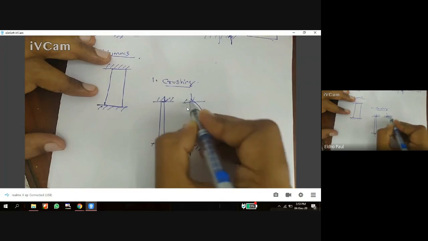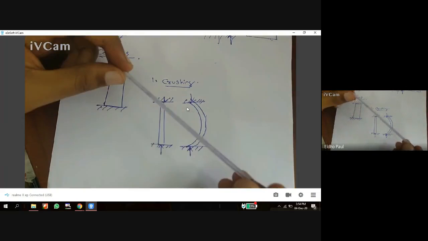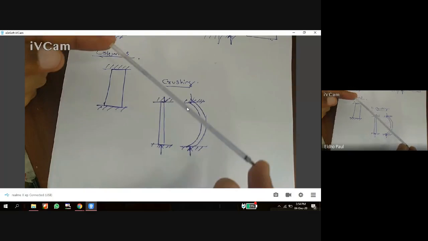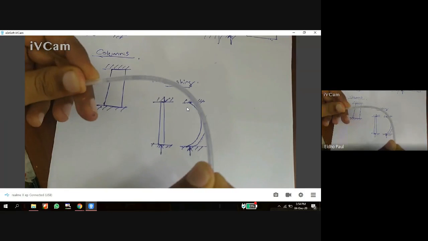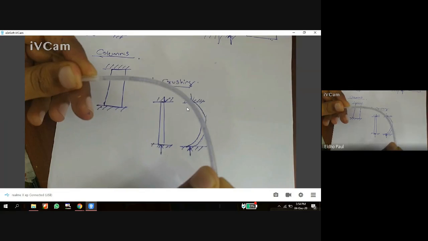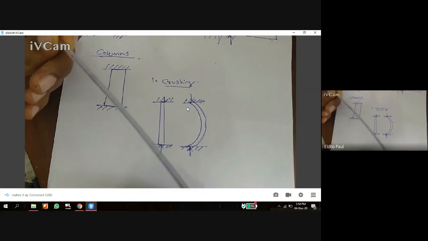A severe bending will develop on the column. For example, you can do one experiment with your refill. See this, in this refill I am applying a severe compressive force. So what happened? It starts to buckle. So on a vertical column member, when we apply a severe compressive load, it starts to buckle.